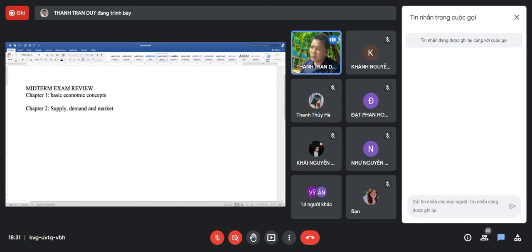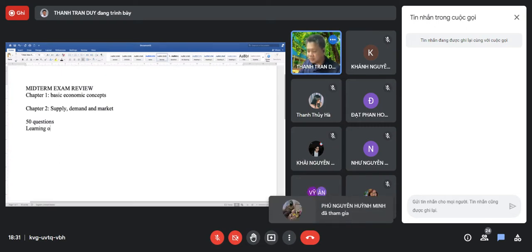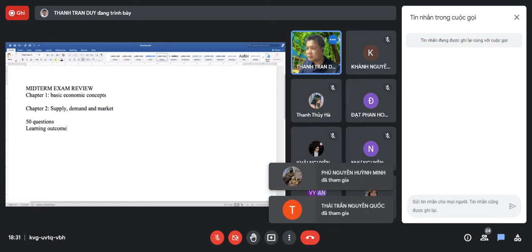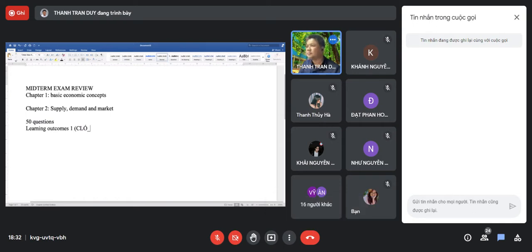So the exam will cover what? I designed the exam with about 50 questions, which I separate into 3 groups. The first group is learning outcome 1, CLO1.